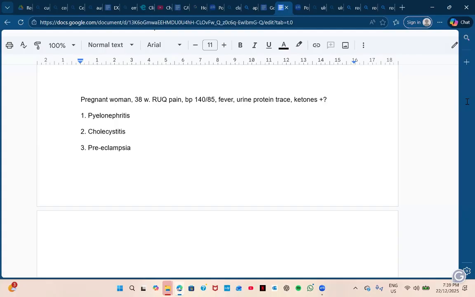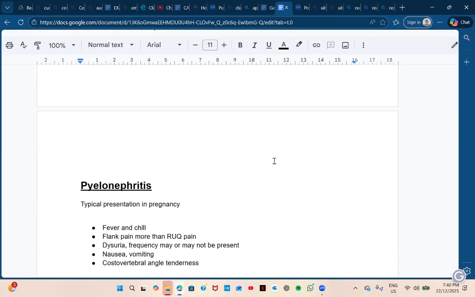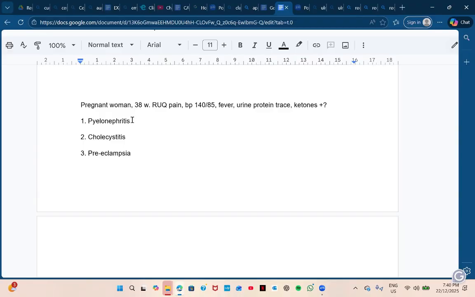Who can tell me? Okay, so let's discuss one by one, okay? Because the question is not very clear, right? So I know it's not pyelonephritis because they have mentioned right upper quadrant pain, right?